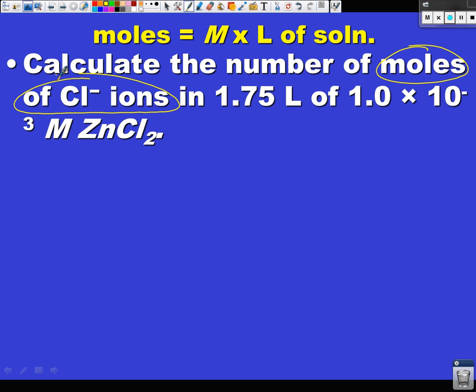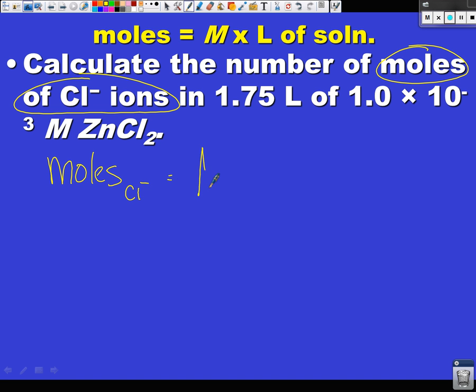The hint is moles is equal to concentration times the volume of the solution. But here's the problem. The concentration they give you is for what specifically? The zinc chloride. So, we need the moles of the chloride ion, right?